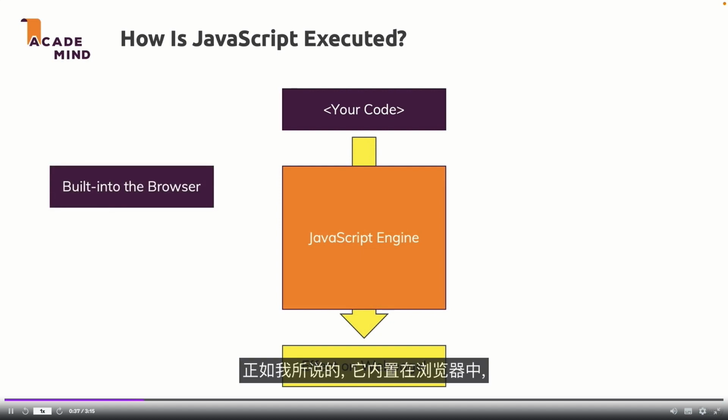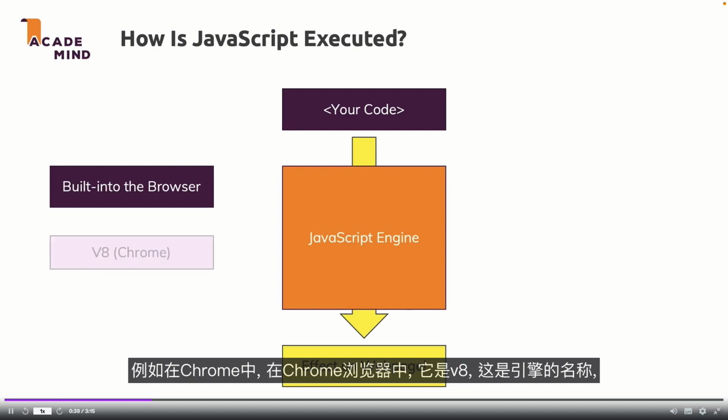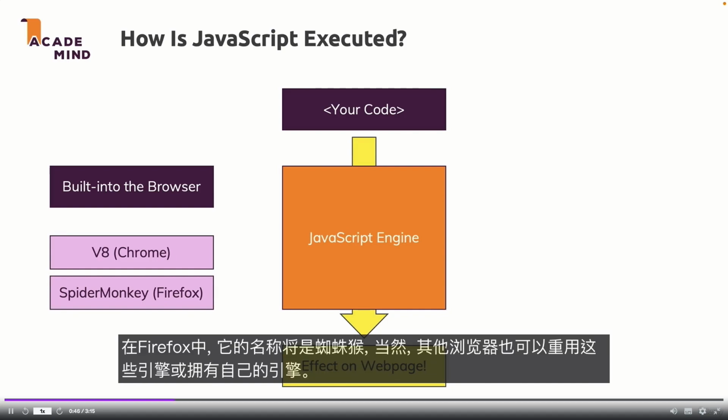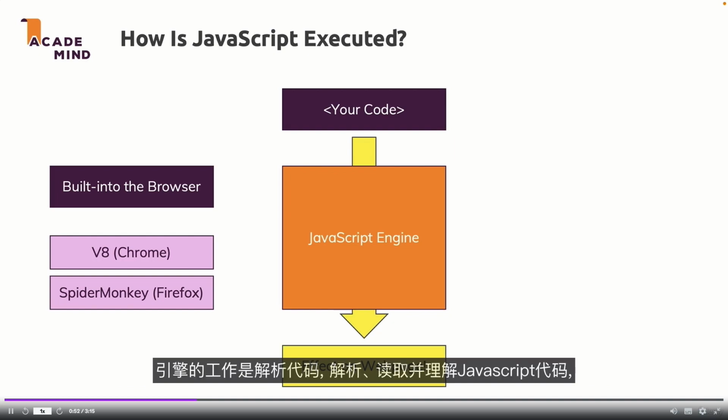There in Chrome, for example, in the Chrome browser, it's V8, that's the name of the engine. In Firefox, the name would be SpiderMonkey. And of course, other browsers also either reuse these engines or have their own engines. Now, the job of the engine is to parse code, so parse, read, and understand your JavaScript code.